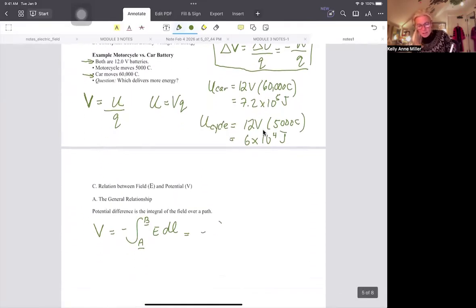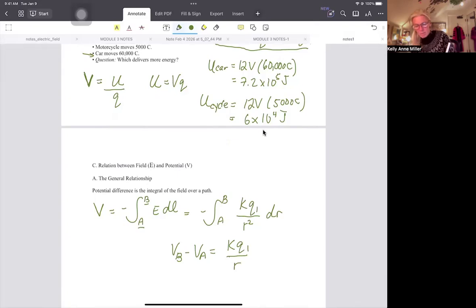If I put in the formula for electric field, so that's Q times K divided by R squared, and I integrate over some path, let me call it R in this context, then the potential difference between those 2 points in the field is just going to be K times Q1 divided by R. Okay, so again, remember the integral of 1 over R squared dr is just 1 over R.